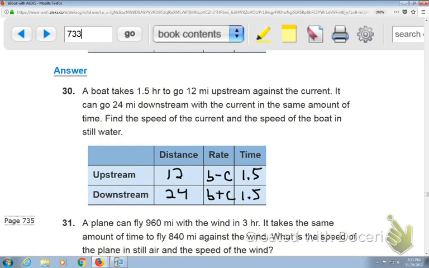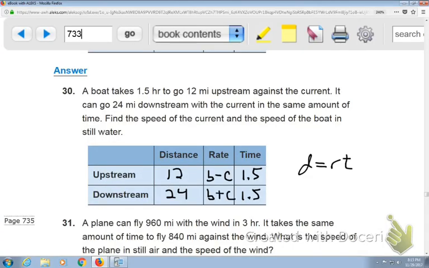You guys agree? The downside is I should get two equations. But that's not really that bad because we remember dirt, right? Distance equals rate times time. So that means 12 should equal B minus C times 1.5.